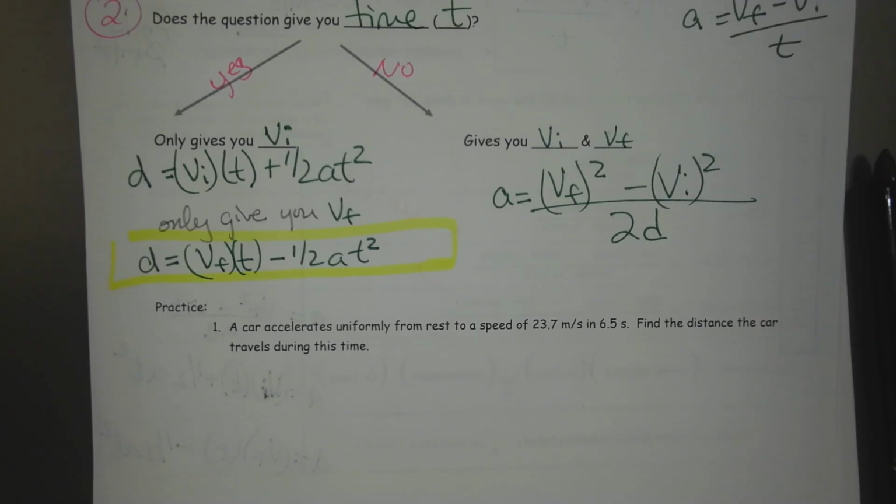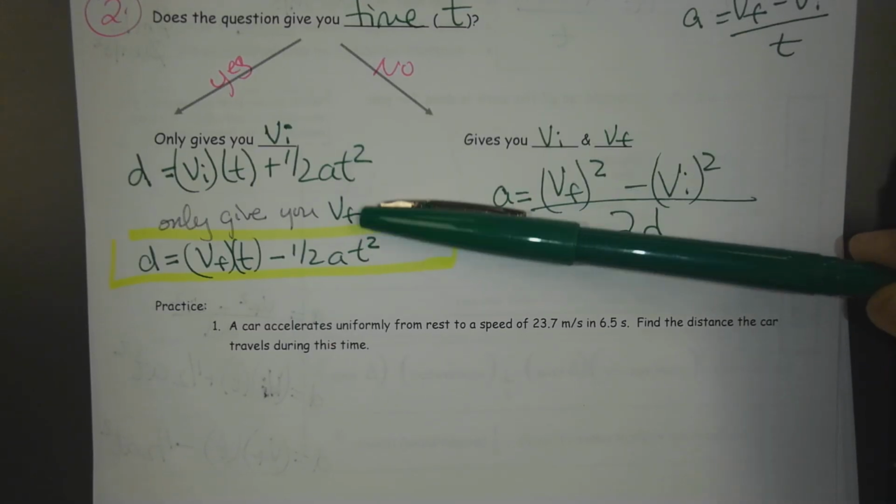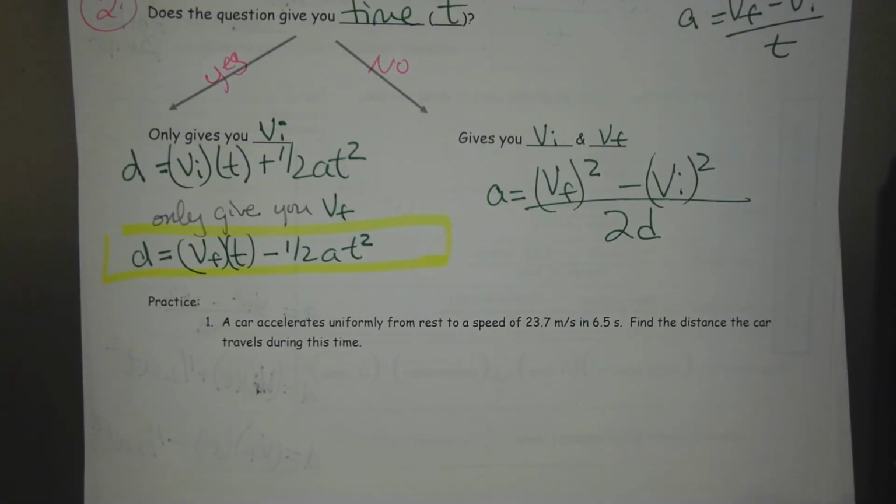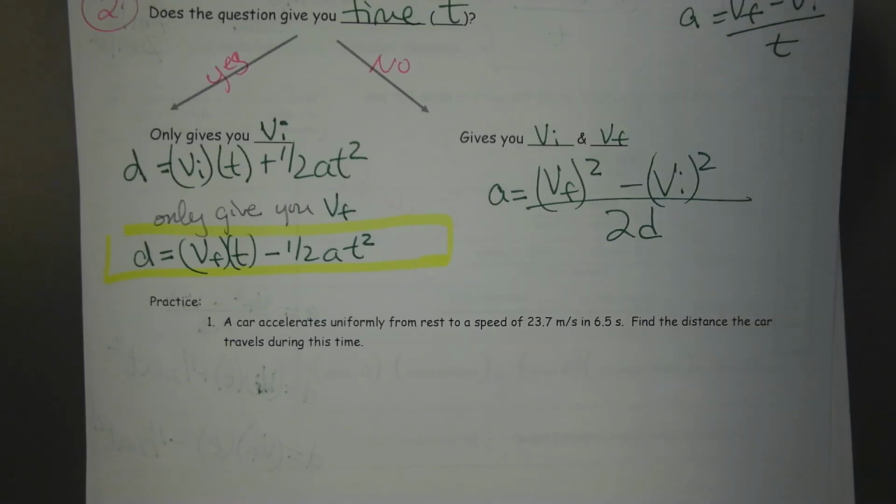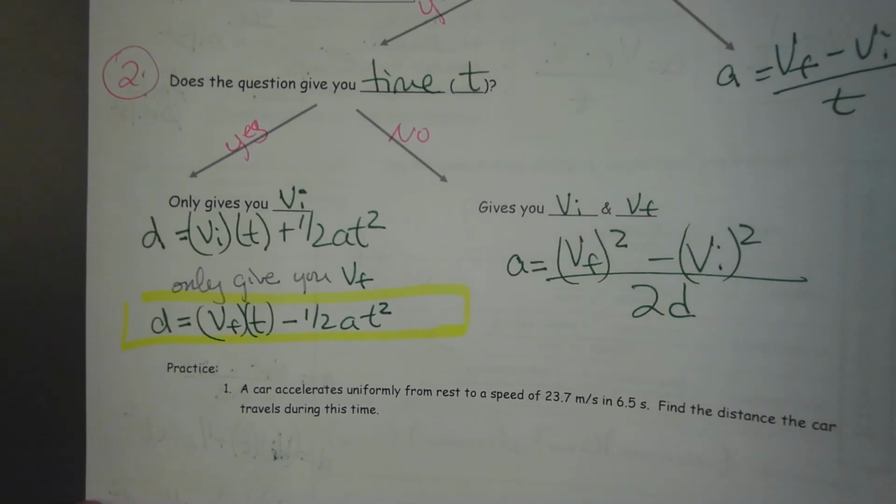This one is on the formula chart, the one above it. This one is not on the formula chart, but don't worry, because this one's on there. All you have to do is swap out the VF for the VI and change the addition to subtraction. It is a memorized one, but look how similar they are. You'll be okay. Turn the page, we're going to do one practice problem, and then we have our last thing to do for the day.